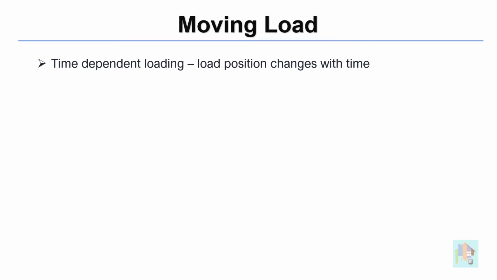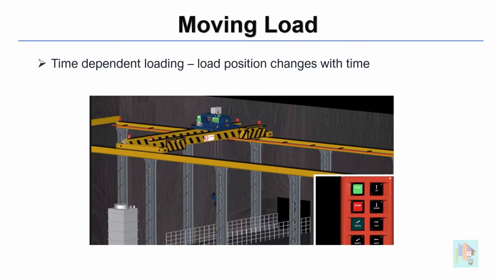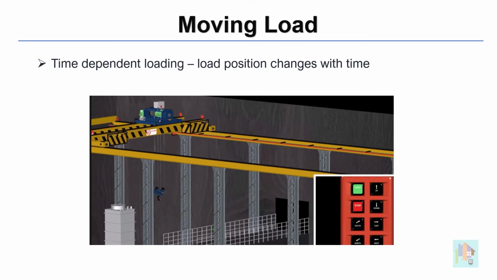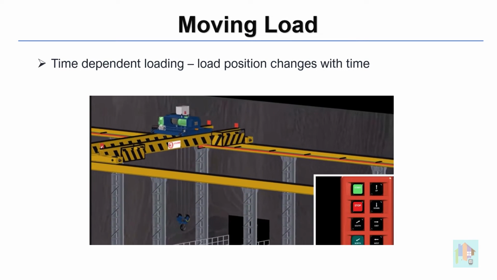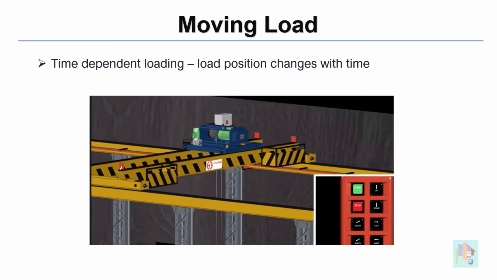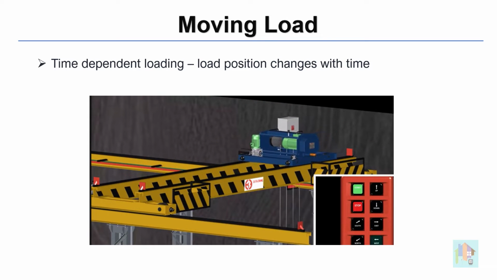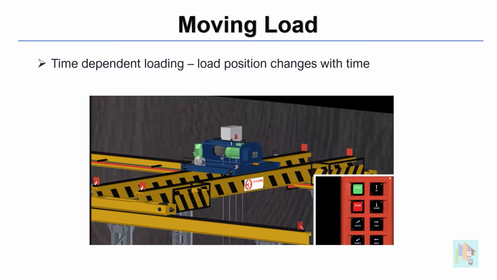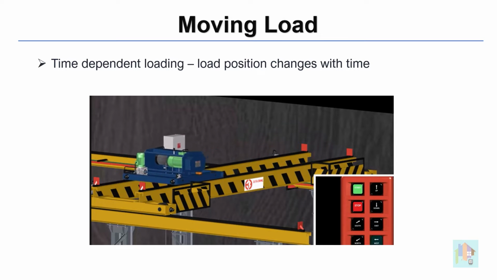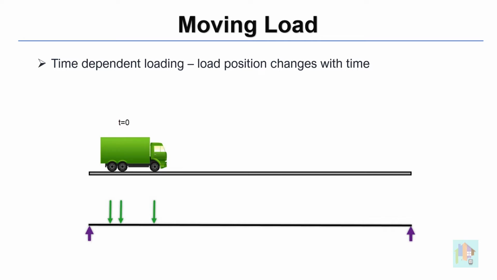It changes over time. For a crane girder, normally the crane starts from one end, moves to the desired location, then either proceeds in the same direction or travels back. If we consider this type of movement and corresponding load application on the supporting structure, for example, a truck moving on a bridge, we can notice at startup time, or t equals 0 second, it starts the journey with load applied at the extreme end.